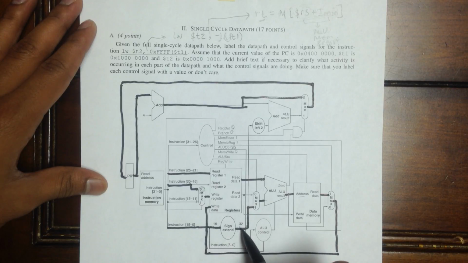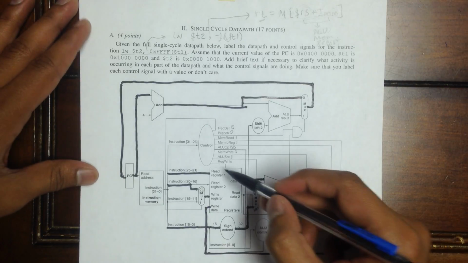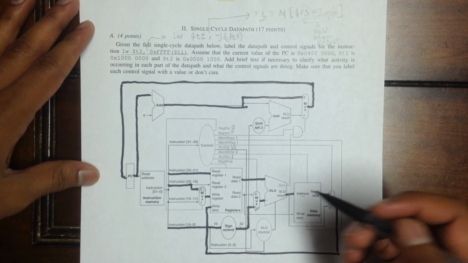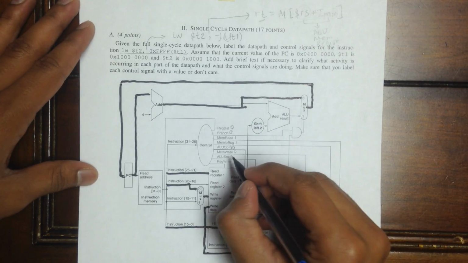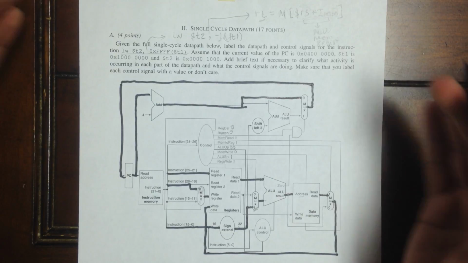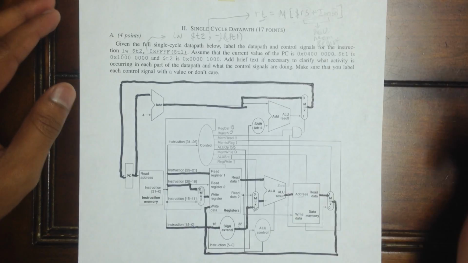The answer is we're selecting the immediate value, which is present for an ALU SRC of 1. So that is going to be 1. Register write: do we want to write into our register? The answer is yes, we're going to write into RT. So that is 1. This is basically how the data path is implemented for load word.